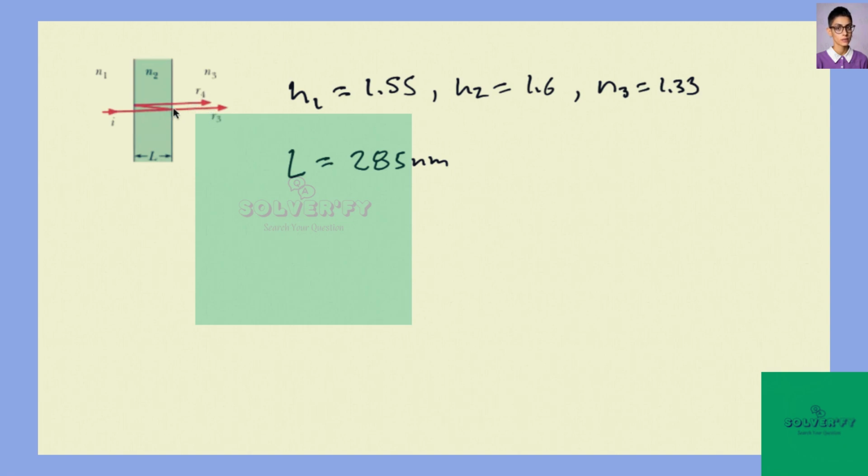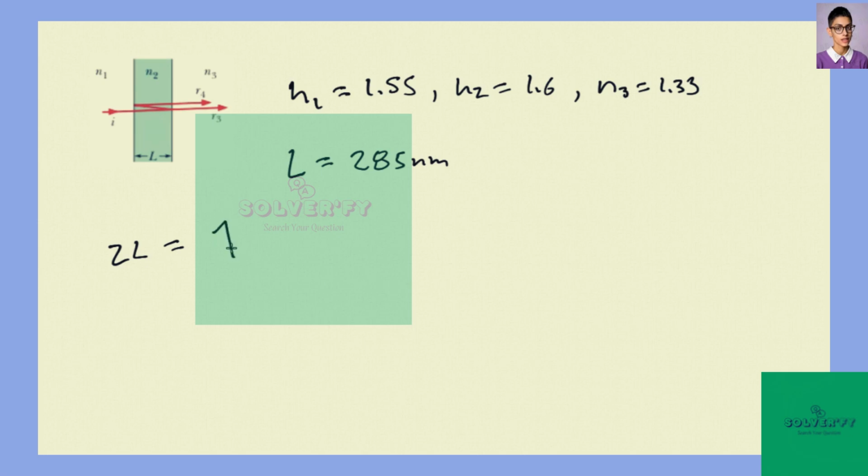This means that the extra distance that the ray 4 here has to travel, which is going to be twice this thickness L, must be some multiple of half the wavelength of the light. So twice L, which is the extra distance traveled, must result in a phase shift of half a wavelength.